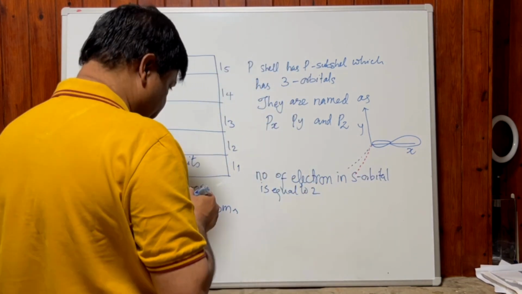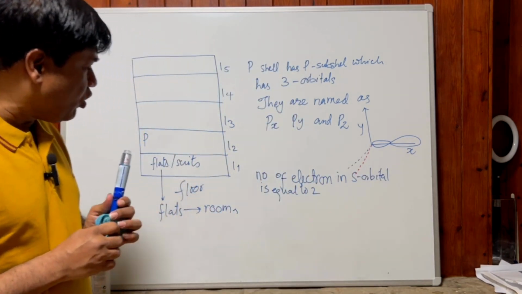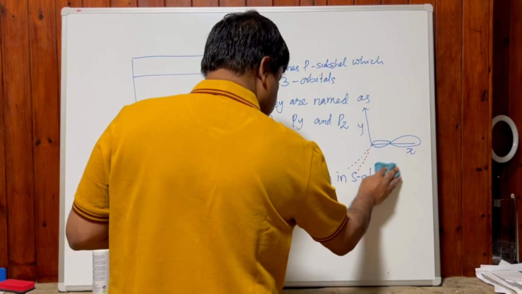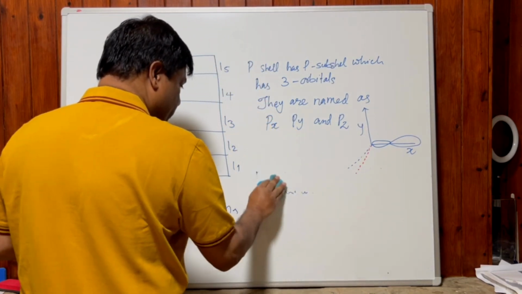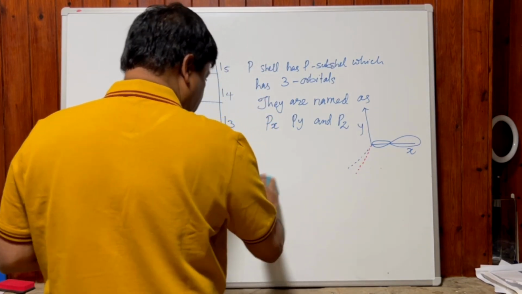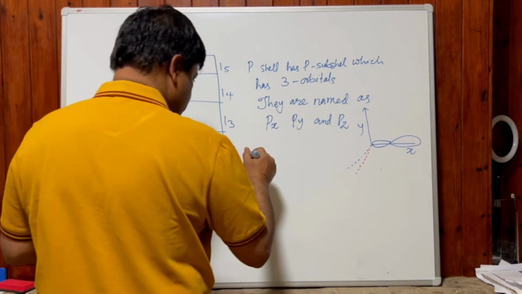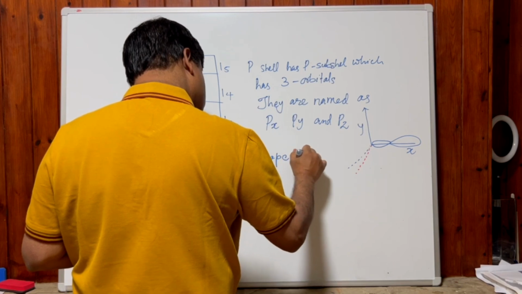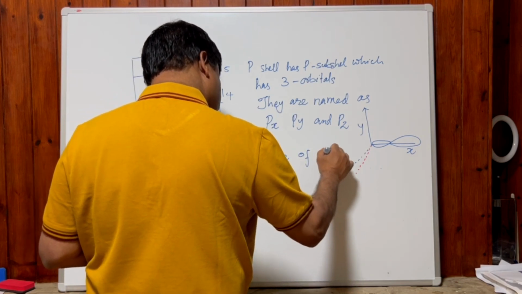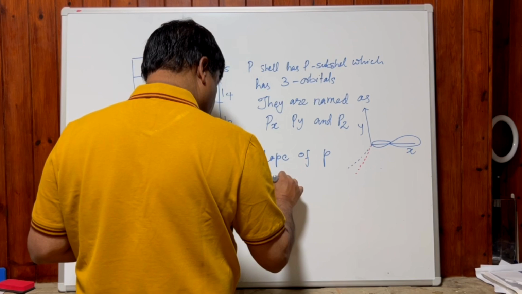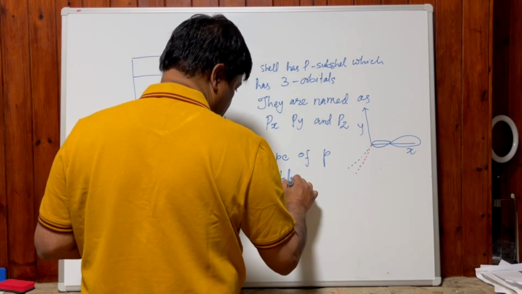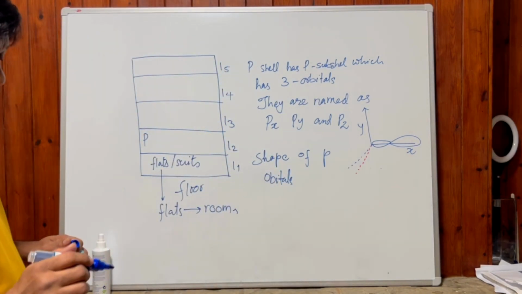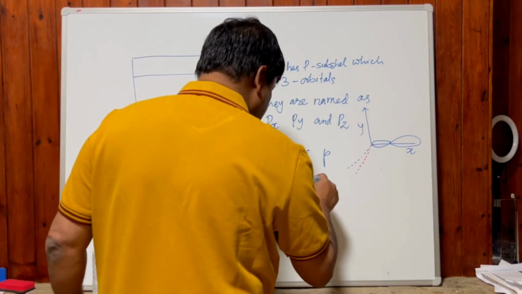What is the shape of the p orbital? The shape of the p orbital is like an elongated S or dumbbell shape.